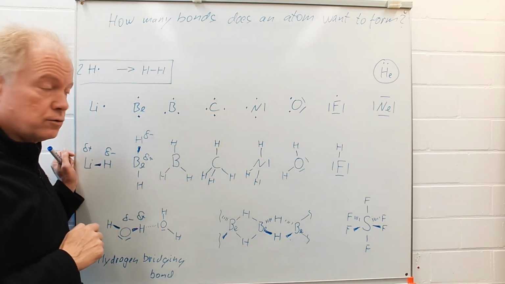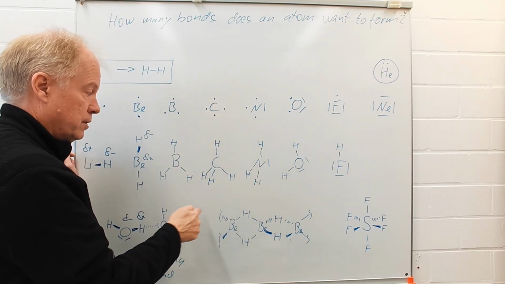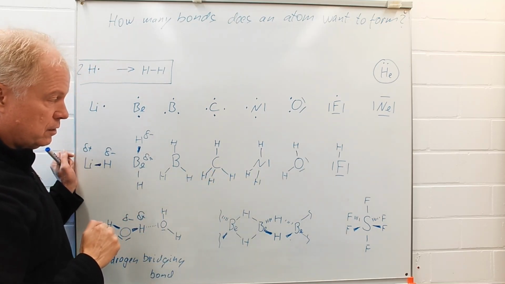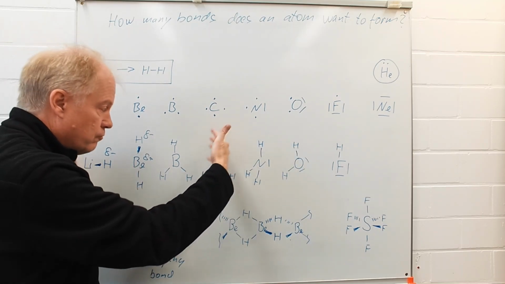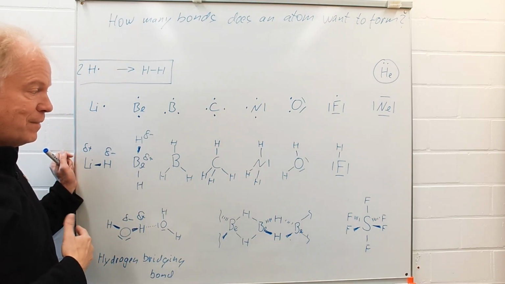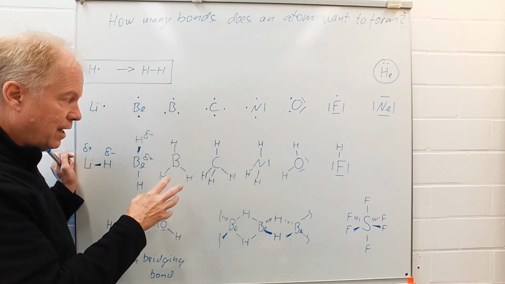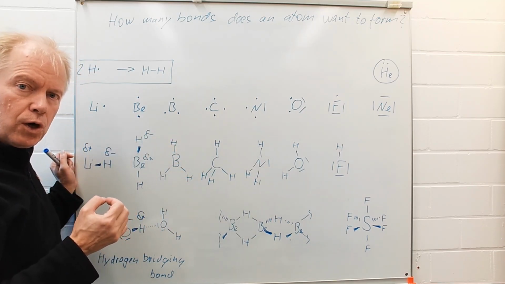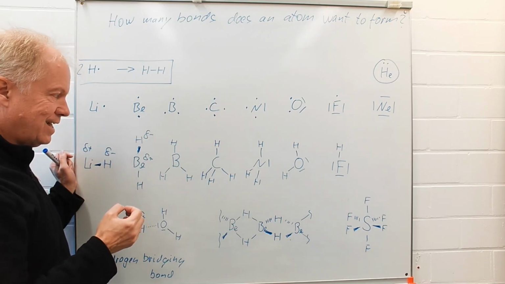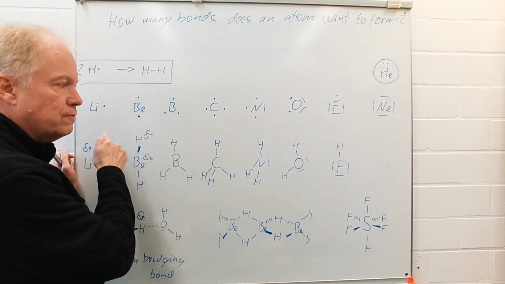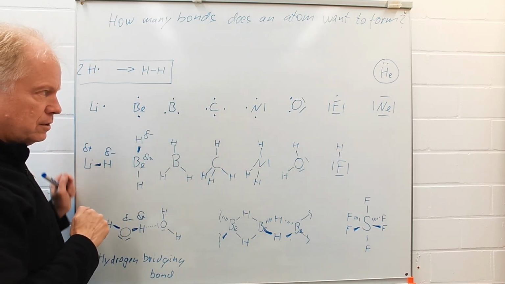Carbon, 4 electrons in the outer sphere, therefore forming 4 bonds, for instance, to the methane molecule. And there we already have the maximum of bonds that can be formed around an element of the second period.